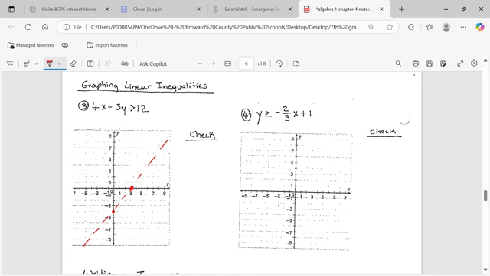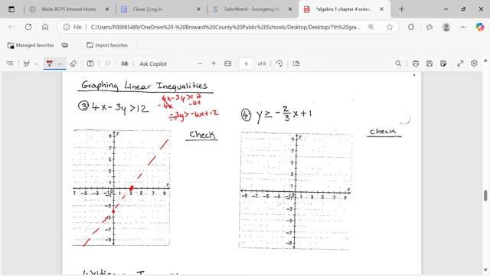If I want to graph from slope intercept form, I'm going to change this to slope-intercept so that 4x minus 3y is greater than 12. So I would minus 4x on both sides. Negative 3y then is greater than negative 4x plus 12.